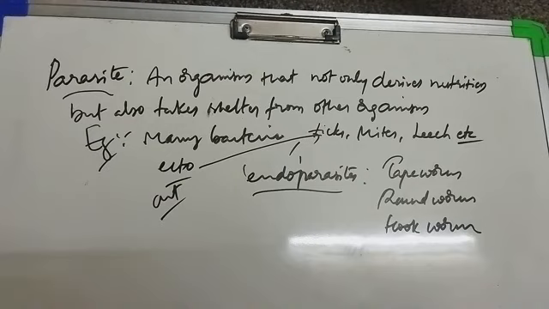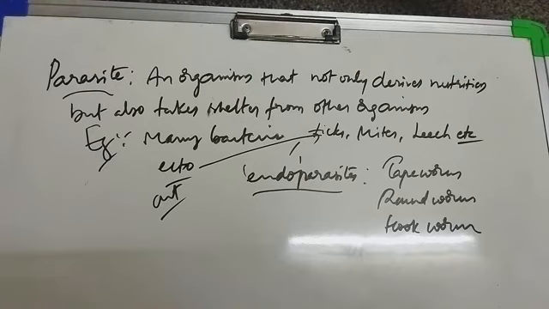Permanent parasites, ticks and mites, remain on the body of the host organism whether taking food or not. So what is host? The organism on which a parasite takes its shelter and food both is called host. Host-parasite relationships are different in different organisms. This is about parasite.